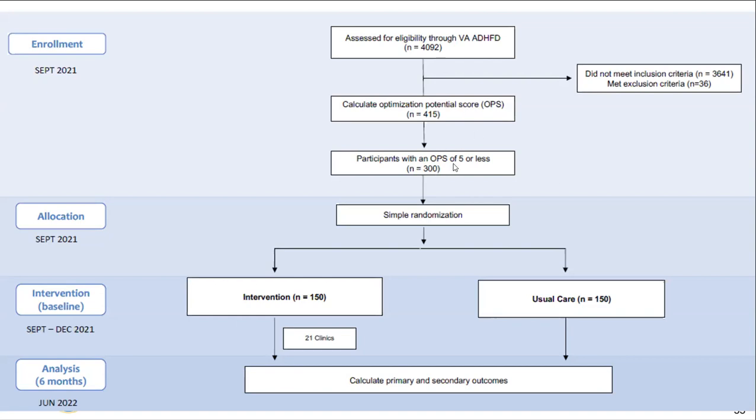So patients with a score of less than 5 were randomized. We're at 300, and we did simple randomization. There was no consent, nothing. They received usual care or the intervention, and we completed it in 21 clinics in about 2.5 months. And now the results will be pragmatically assessed in June of 2022.